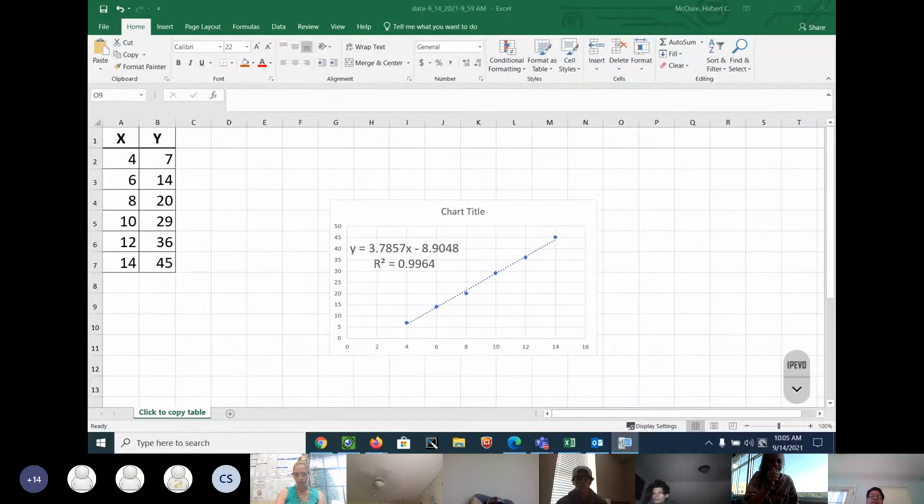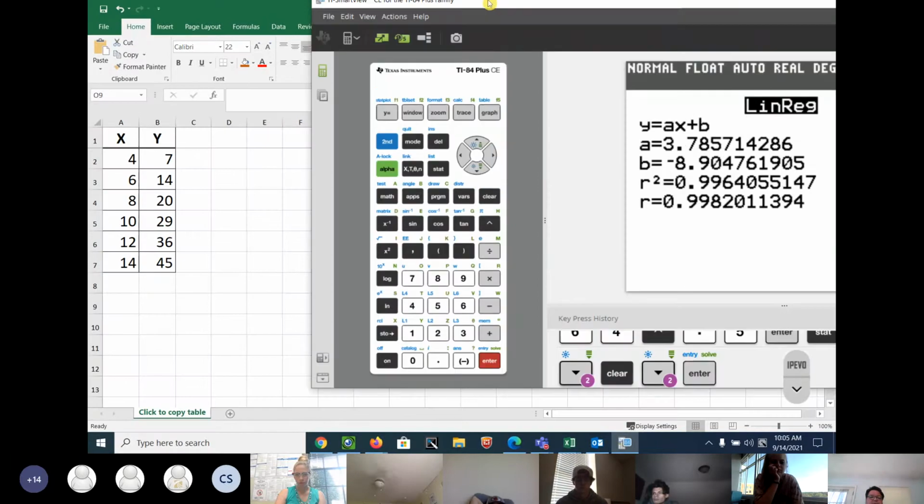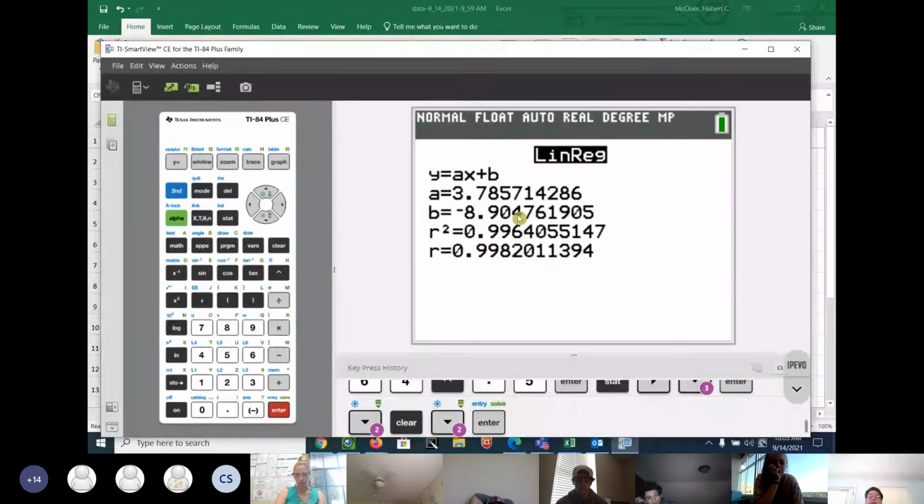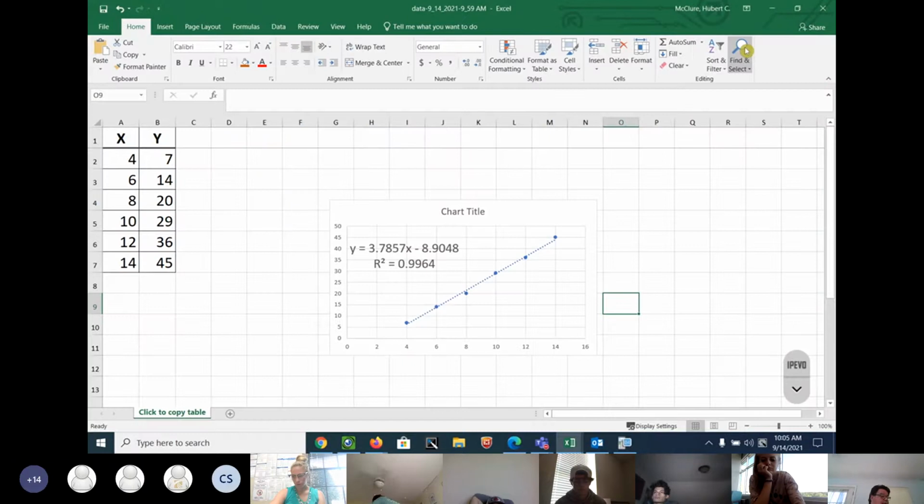And my calculator is on the TV screen now, so I don't know what's going on. There, 8.9048. So everything checks out. And there's the correlation coefficient, 0.9982. So that should be what they got for an answer.